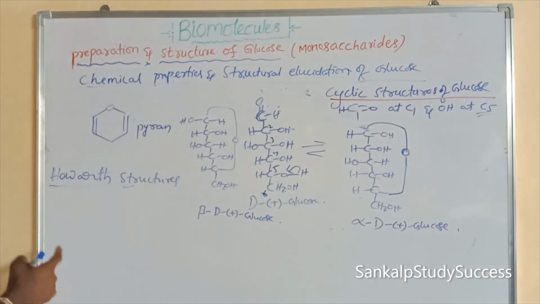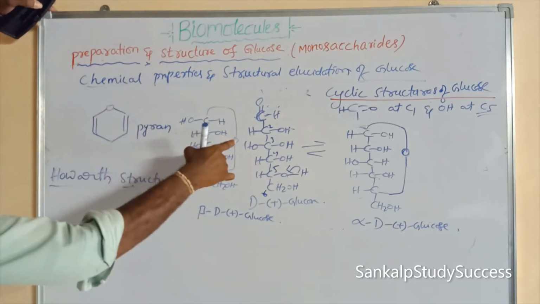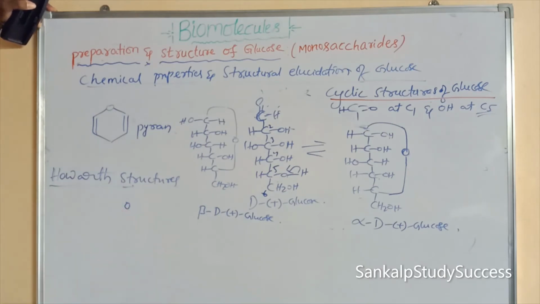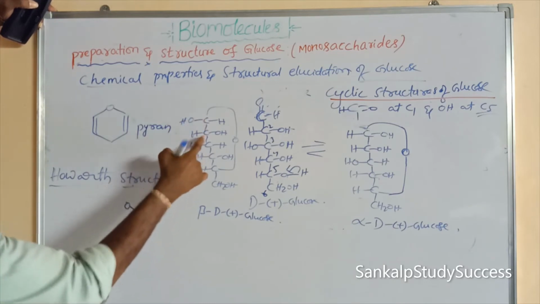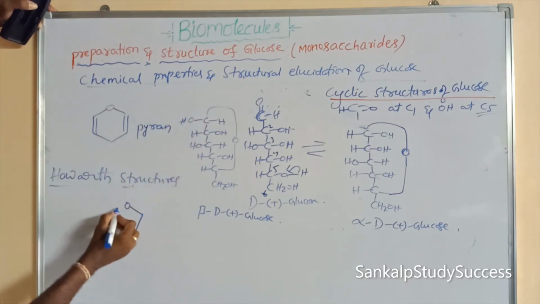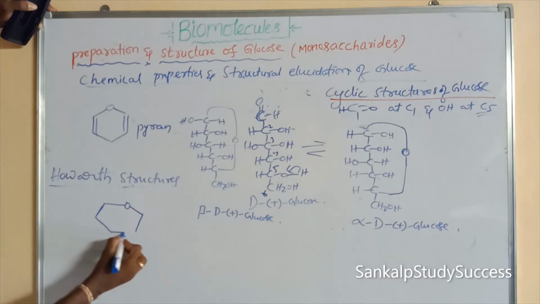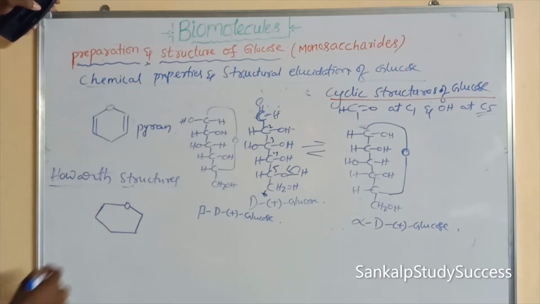What is that? In the ring structure, this is O, and this is carbon, then the next carbon, similarly. So this is the 6-membered ring, 5 are carbons and 1 is oxygen, right.